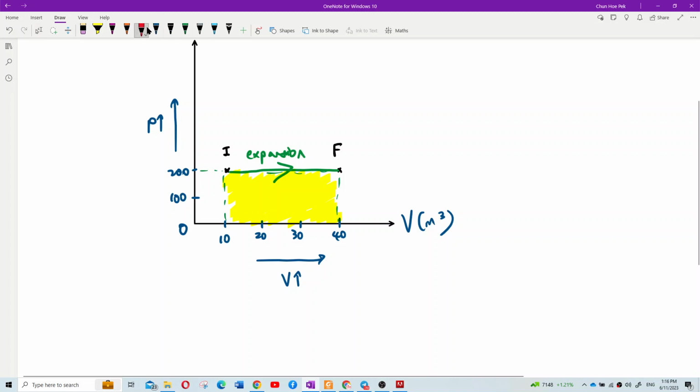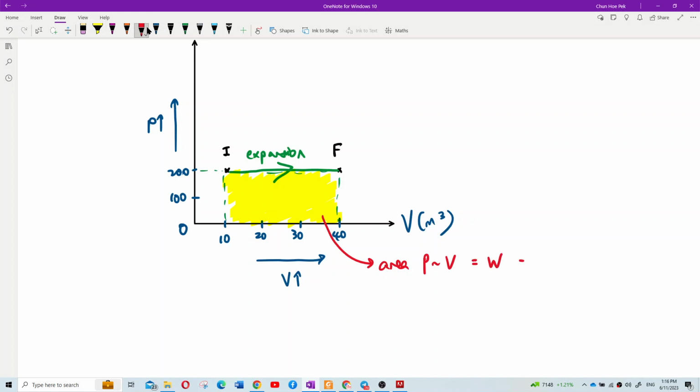So the area of the PV graph is the work done, and because the graph is going to the right, it means volume increase. So for volume increase, this is a positive work done. Understand? Why positive work done?